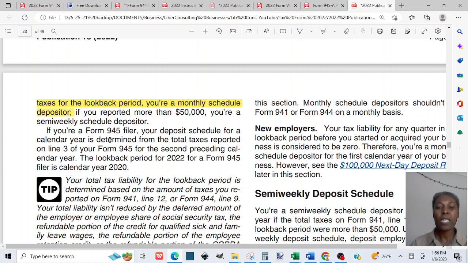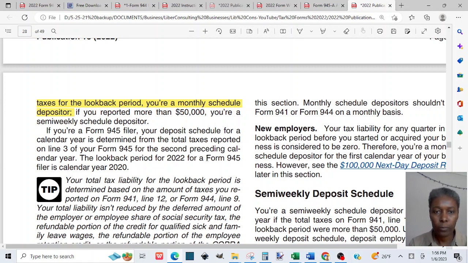So if you are a semi-weekly depositor, then you have Form 945 to complete. Therefore, it's good you keep track of your payroll at that detail level. And Form 945 will be filed when you make your deposit, since it goes together. Or the data you will submit will be in that layout.